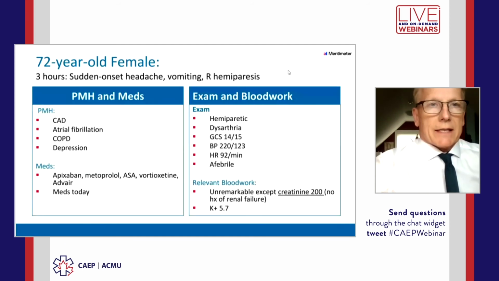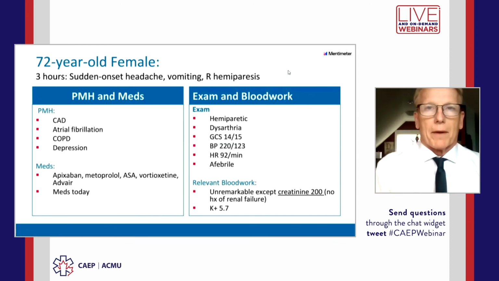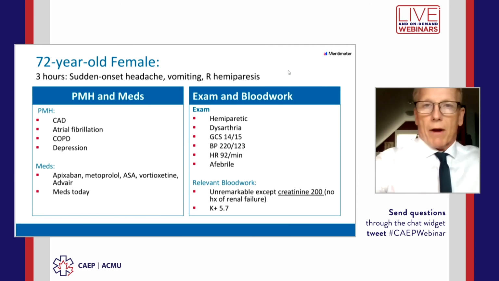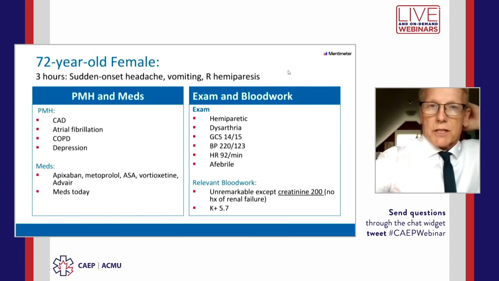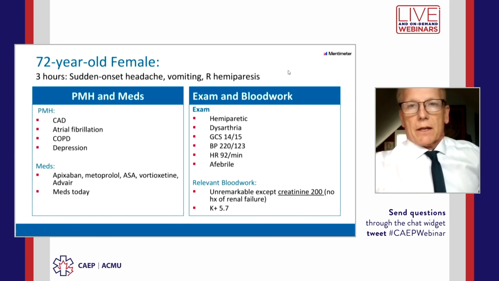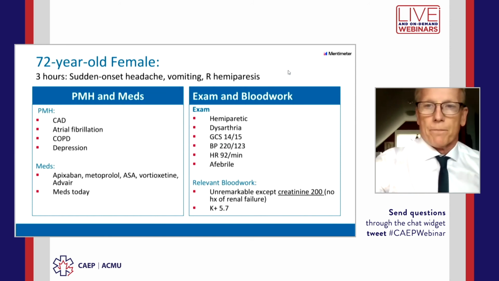So this is our last case, a 72-year-old female with a sudden onset headache, vomiting, and right hemiparesis. She has atrial fibrillation, for which she is taking apixaban and some other medications. She's hemiparetic and dysarthric. GCS is actually okay when you initially see her, and she does have an elevated blood pressure.